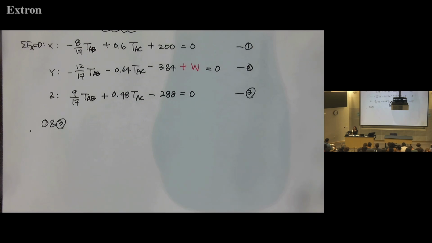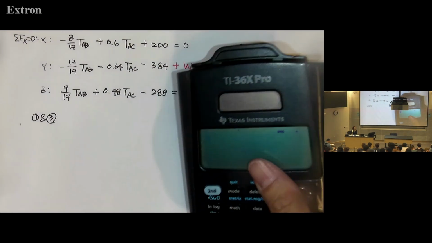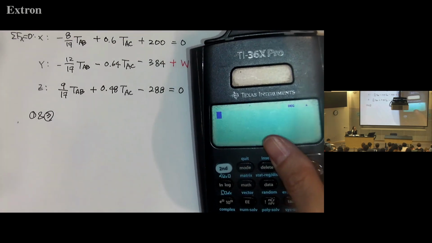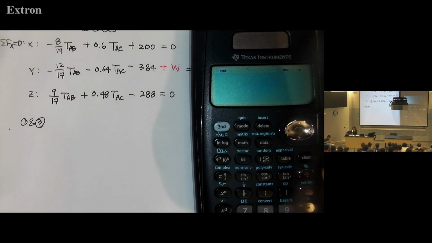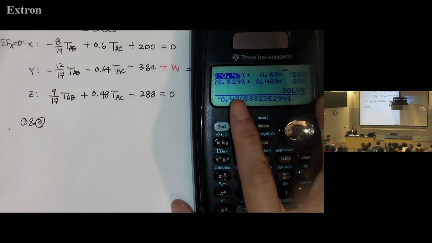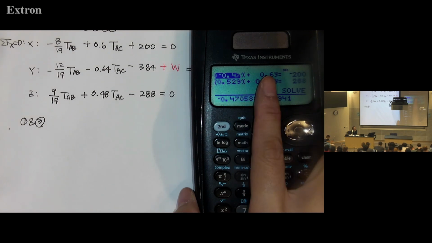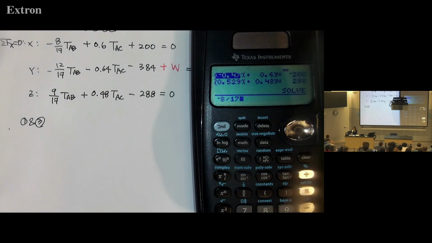So you can use any method to solve the linear equation, but I recommend using a calculator if you know how to use it. So I'm not related to TI, but my calculator is something like this, right? And then I use system solver here, and then 2 by 2 linear equations, and then I input the coefficients here. So first one is minus 8 over 17.